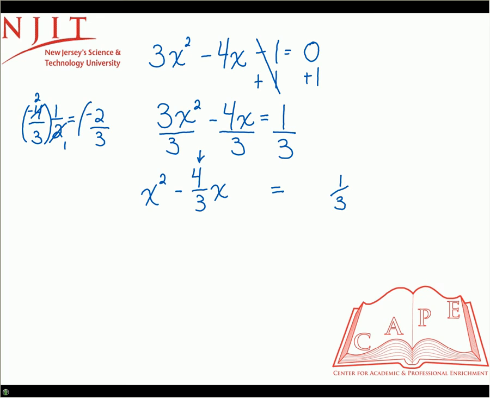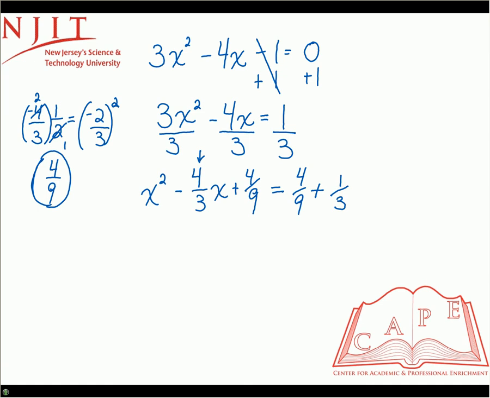And then we're going to square it, which makes it 4 over 9, right? Okay, so then we're going to take this number and fill it in the blanks. So we're going to put a 4 over 9 here, and a 4 over 9 here.